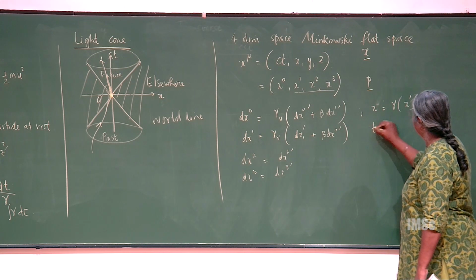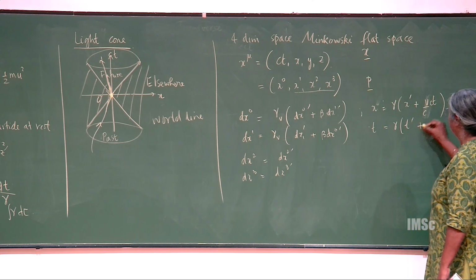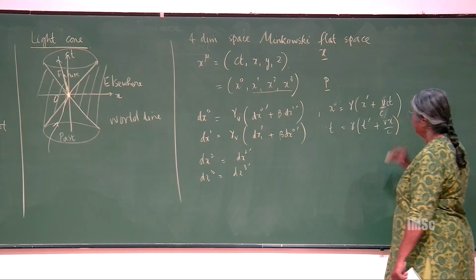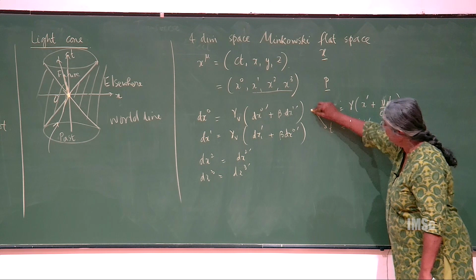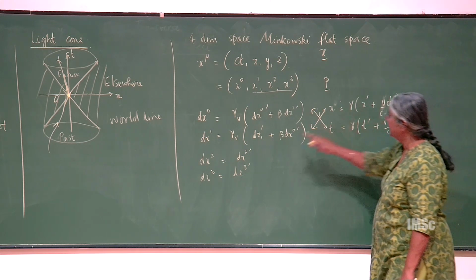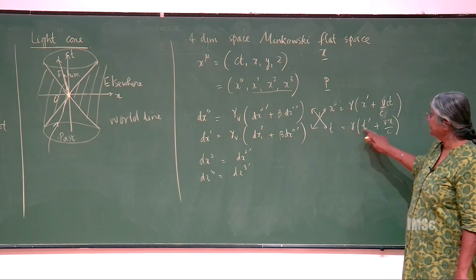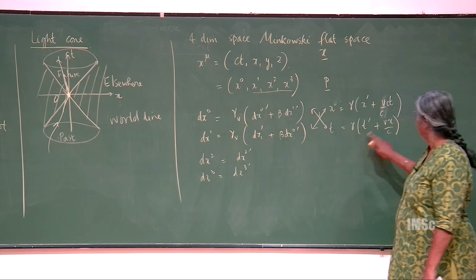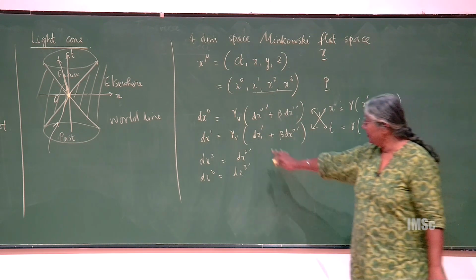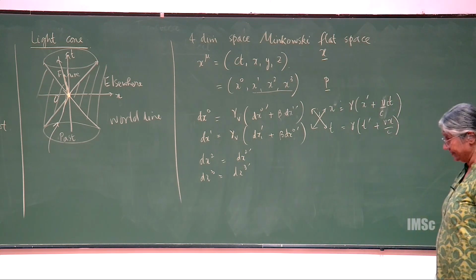Let me write t prime. t is equal to gamma t prime plus v x by c. Okay, sorry, please forgive me, I have written the wrong equation. So you can see it's gamma x plus beta x naught, and here it is gamma x naught plus beta x1, right? And the other two are the same. So this is my compressed notation for these quantities.